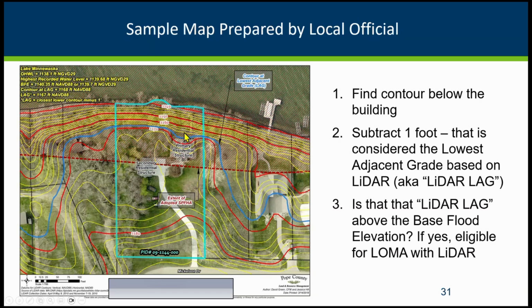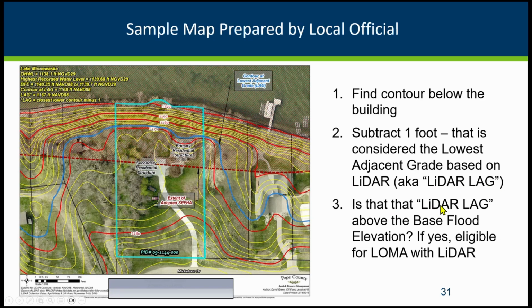But you need to be able to find that contour not touching the building below. We subtract a foot, and because of the accuracy of the contours, we subtract half a contour, and these are 2-foot contours, so we subtract a foot, and we call that the lowest adjacent grade based on LiDAR. And the FEMA reviewers will accept the term the LiDAR LAG, lowest adjacent grade.